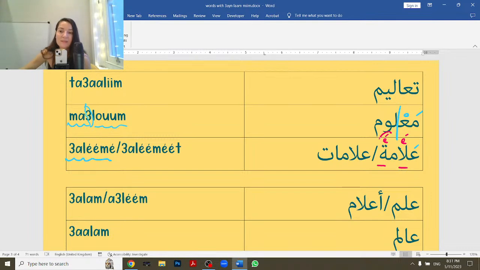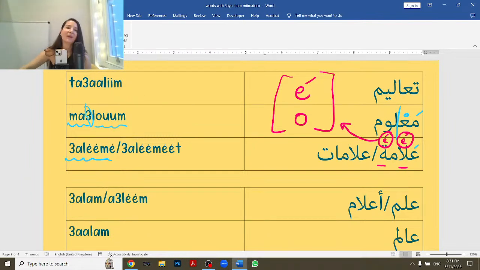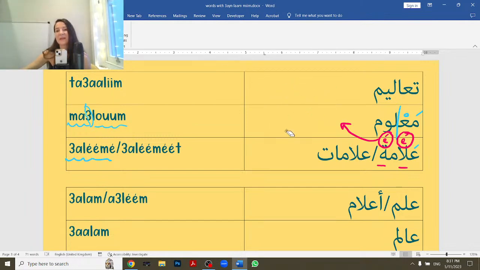Why? Because this is the influence of Syriac and Aramaic that had the vowels e and o, which are not present in other dialects, because Syriac and Aramaic were the original languages spoken before Arabic came to the region. So that's why these vowel sounds are still present even in the Arabic language.